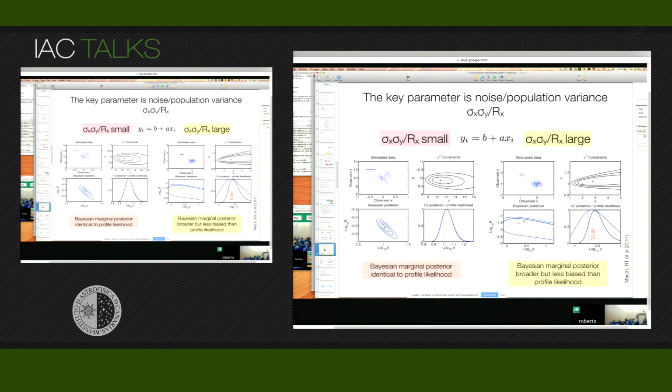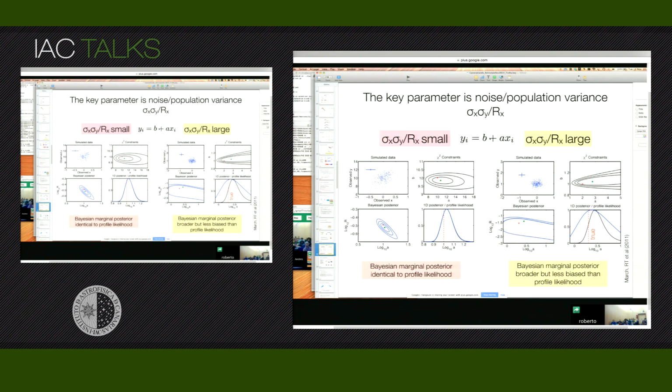So here's an example. Simulation of exactly this case. Here we have simulated data where you see the observed x and y in the case where the scale of the measurement error is relatively small compared to the scale of x variability.